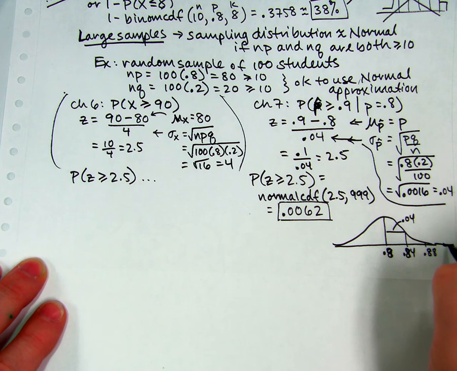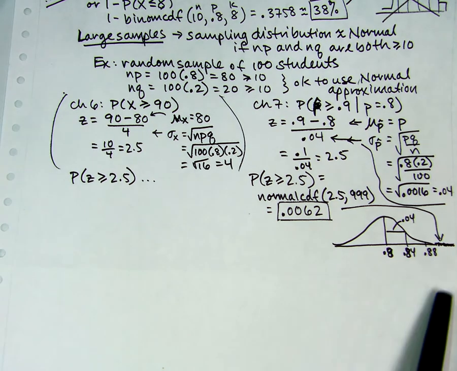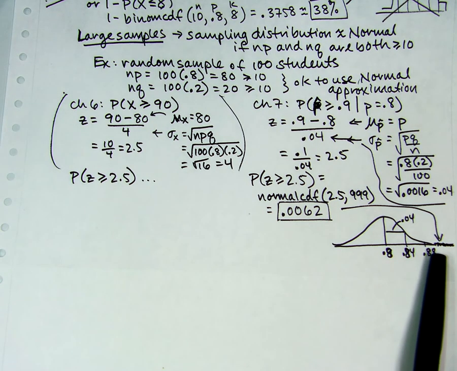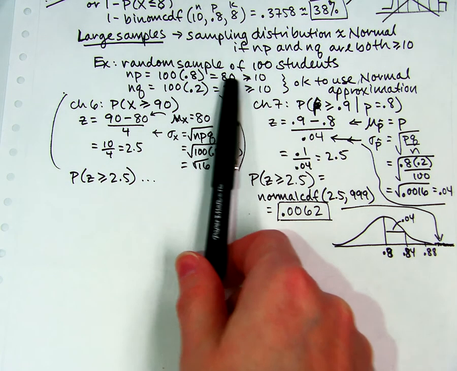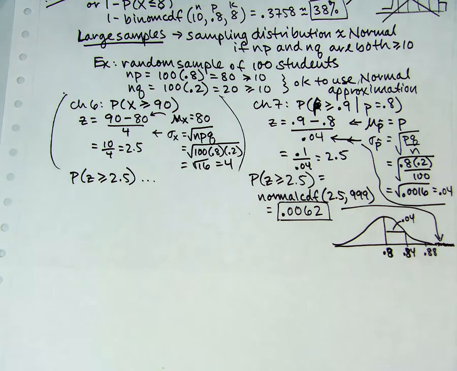So 0.9 is way over here, and it's just this tiny piece is what we just found. That's a really unusual thing for a sample of size 100 to be this far off. 80% versus 90% is a big deal with a big sample, but with a small sample, it's not such a big deal. It's only 1% difference.